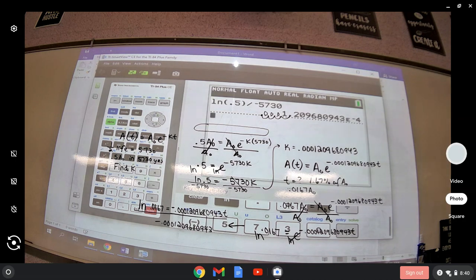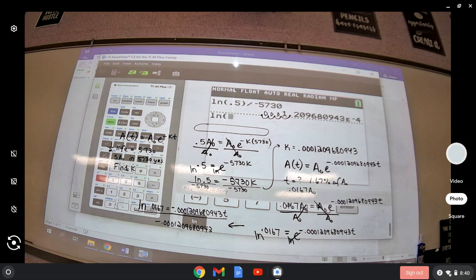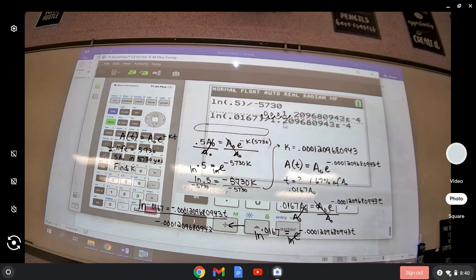Don't clear your screen. Take the natural log of 0.0167, close parenthesis. Let's divide it by, if you scroll up, see how this number gets highlighted? Hit enter, and it automatically copies and pastes it for you. So now I'm taking the natural log of 0.0167, and dividing it by that number K that I keep having to write down. Hit enter, and it's negative 33,829.